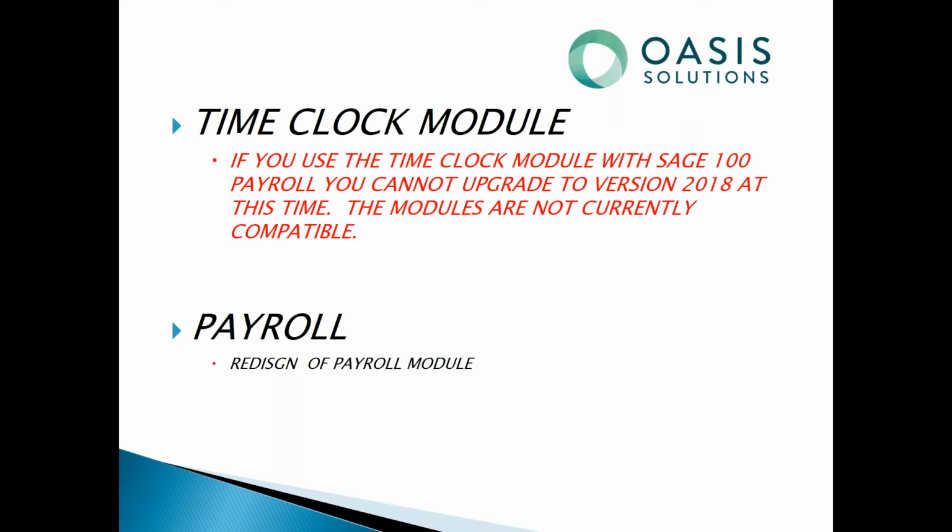So if you do have the Time Card module, you cannot upgrade just yet. Again, that will be identified during the pre-upgrade analysis. If you by any chance have questions after this webinar, can you upgrade, can you not upgrade, what are your options, please let me know.